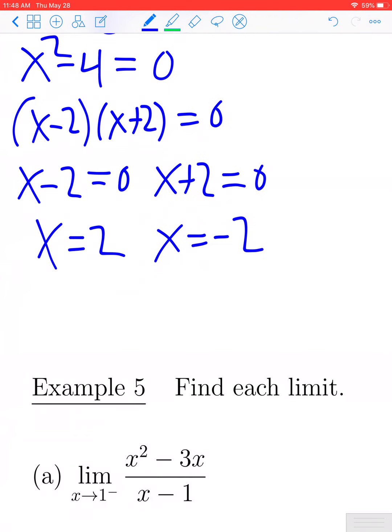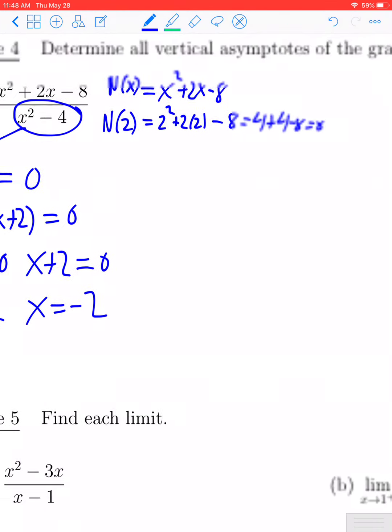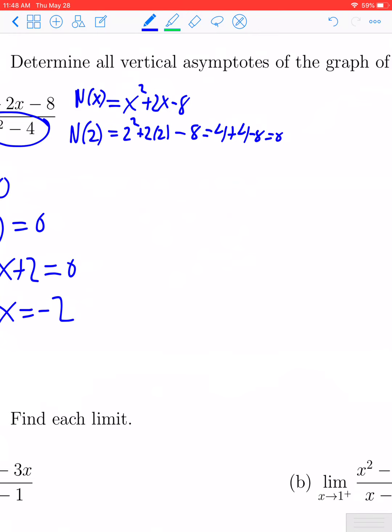So x equals 2, yes, it makes the denominator 0, but it also makes the numerator equal to 0. So we can't conclude from that previous theorem that x equals 2 is going to be a vertical asymptote. What we have to do is a little bit more investigation.